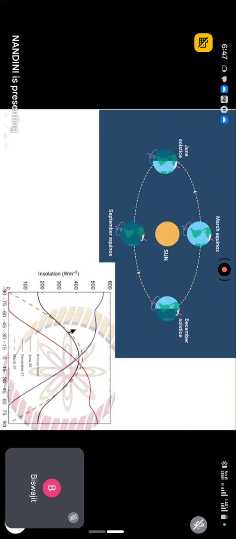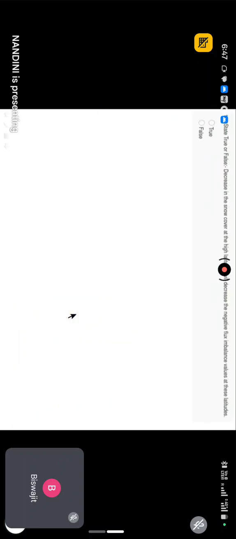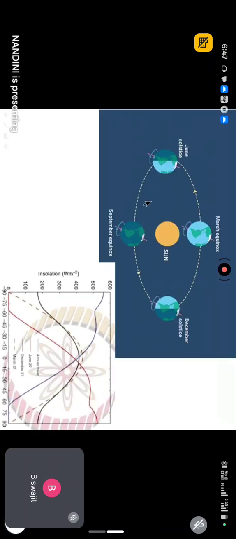The northern hemisphere is having 24 hours of day compared to the southern hemisphere, which is having 24 hours of night. This figure shows the insolation variation on different dates with respect to latitude. The x-axis shows the latitude, minus 90 degrees to plus 90 degrees.